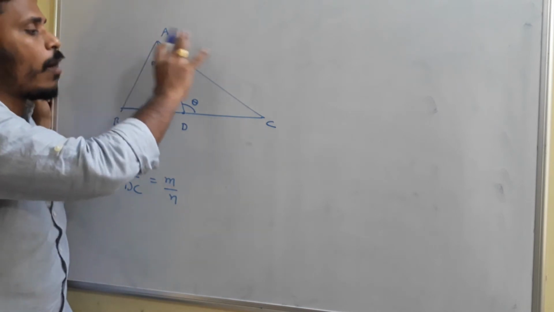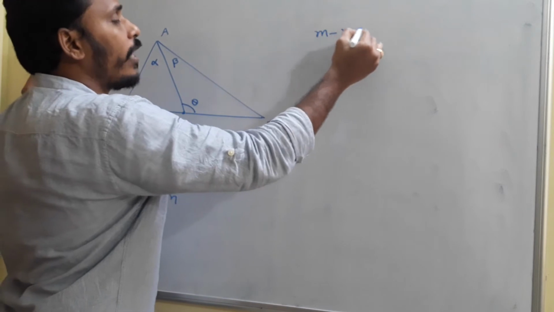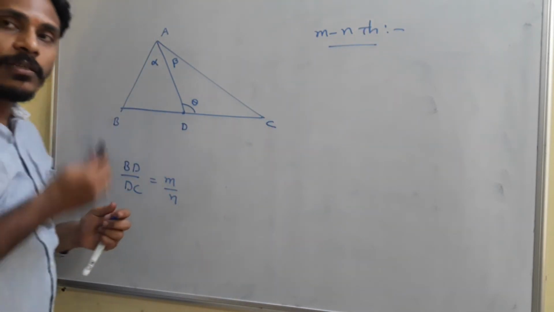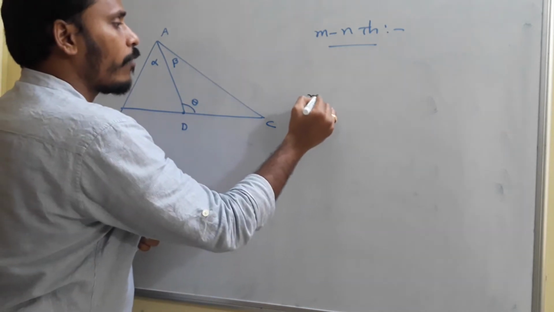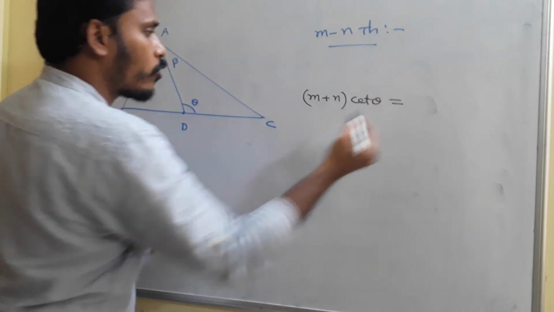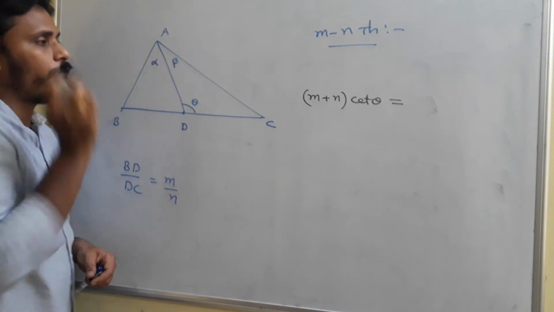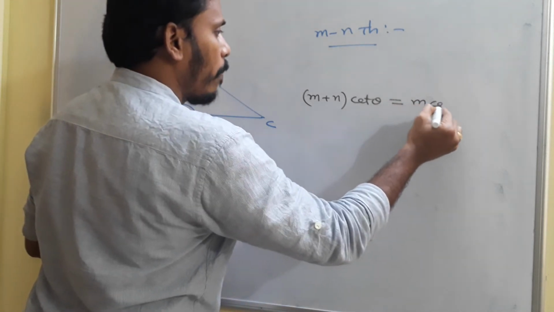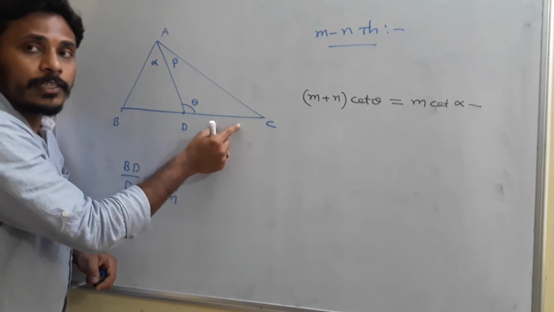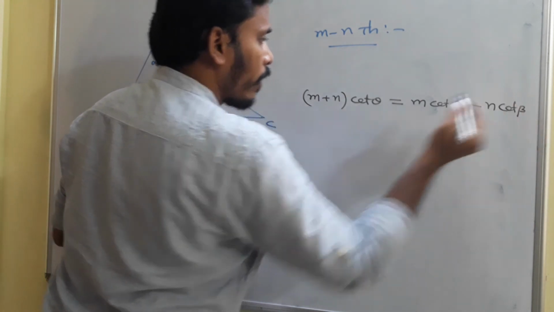Okay, if you have all this information, then what does the Mn theorem state? The Mn theorem states two separate statements. The first one is M plus N cot theta is equal to, this side the part is M, okay? So M cot alpha minus, this side the part is N, and that's why N into this cot beta, N cot beta.